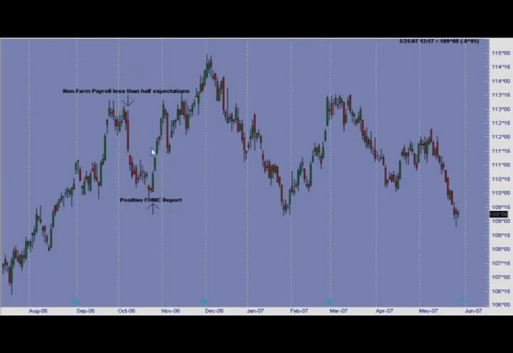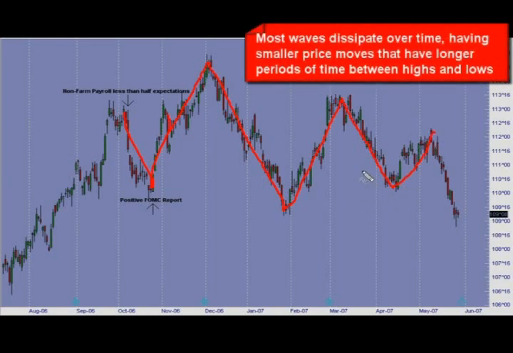These two waves created quite an impact and stir in the market, and they continued to create a wave that was quite long and swings that are very strong. But over a period of time you can see how these swings start to reduce further and further, and how far they move from one end to the other, thus making the point that the waves do dissipate over time.